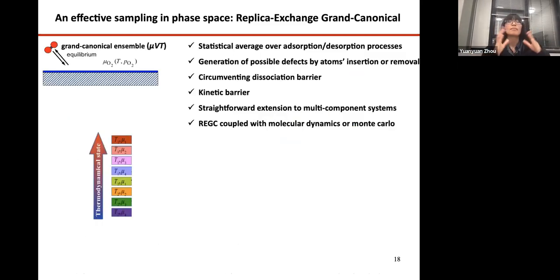Now we combine replica exchange and the grand canonical ensemble. We prepare a batch of replicas, each replica has a configuration and is in its own thermodynamic state. In the grand canonical ensemble, the thermodynamic state is denoted by the chemical potential and the temperature, and different colors represent different thermodynamic states.